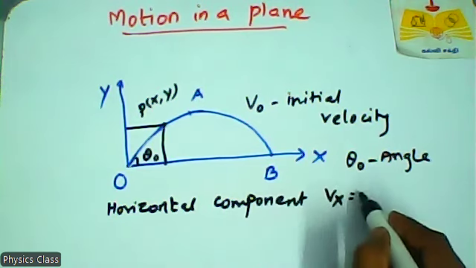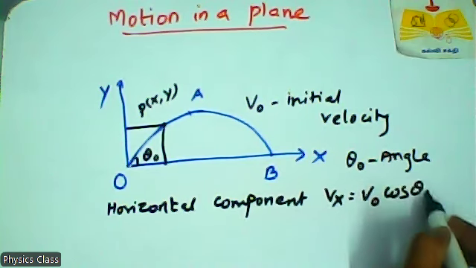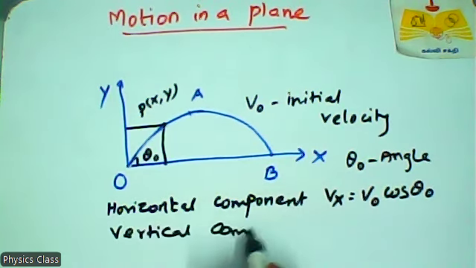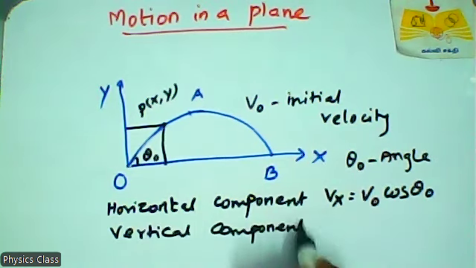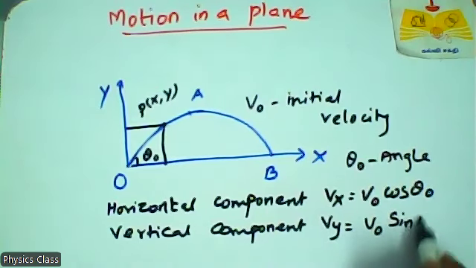Already we know that Vx is equal to V naught cos theta naught. And the vertical component, denoted as Vy, is V naught sine theta naught. Already we are familiar with that.